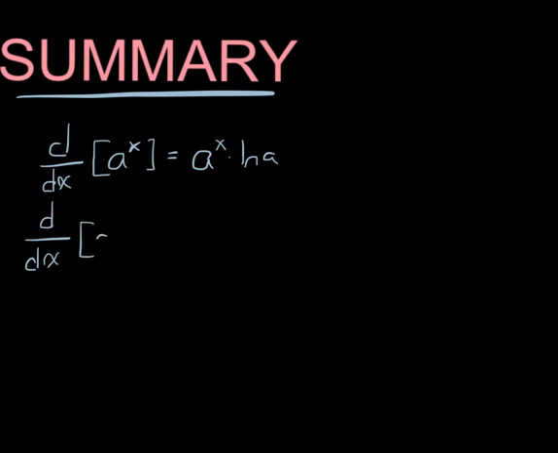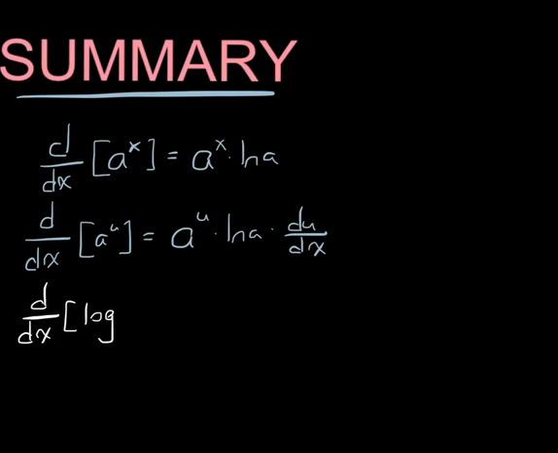And here is our summary. We learned a few rules about the derivatives of exponential and log functions. The derivative of a to the u would be a to the u ln a times the derivative of u. That's our chain rule. Then we learned about the derivatives of logs.